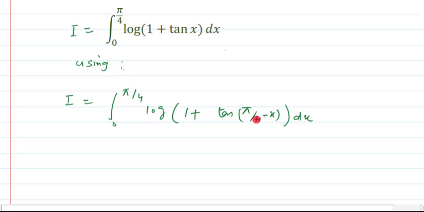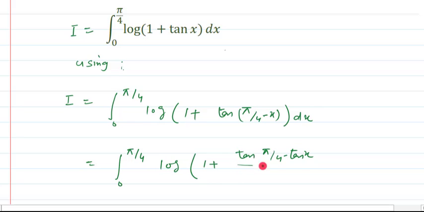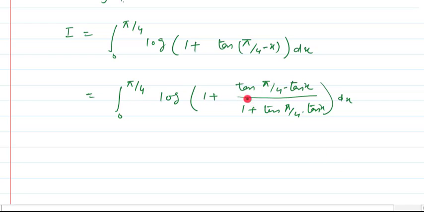Which one is this? This is tan a minus b. So let me use this property over here. Log 1 plus, you know very well, tan pi by 4 minus tan x upon 1 plus tan pi by 4 into tan x, dx. You know very well that tan pi by 4 is 1.